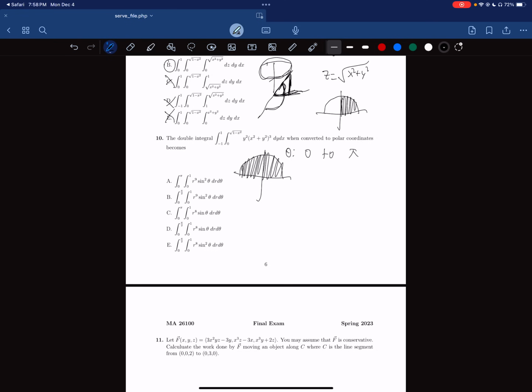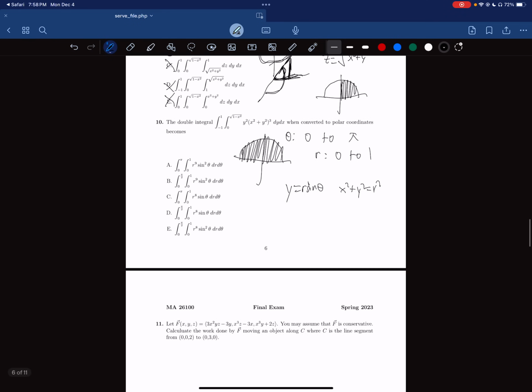And r, 0 to 1, because this right here is radius 1. Nice. And now we need to sub in y equals r sine theta, and x squared plus y squared equals r squared.